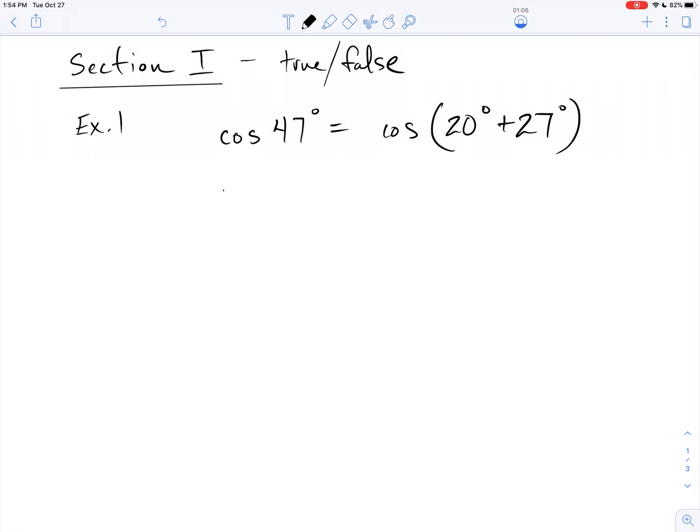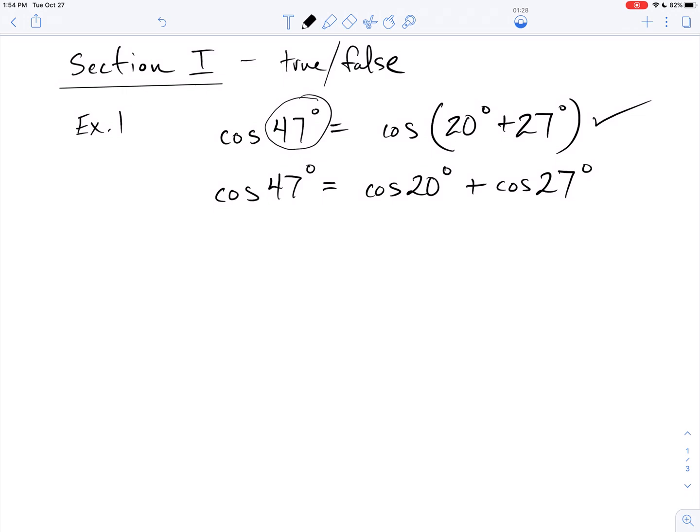But they might try to do something like this: cosine of 47 degrees equals cosine of 20 degrees plus cosine of 27 degrees, something like that. Well, that would be false. See, this first statement is totally true. I could rewrite 47 degrees like this, in parentheses.